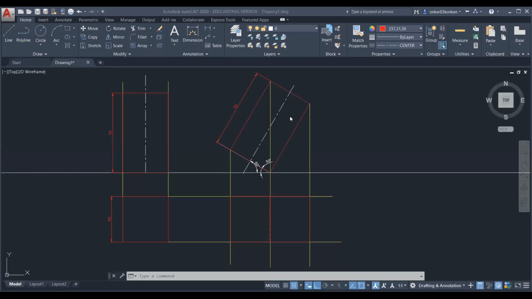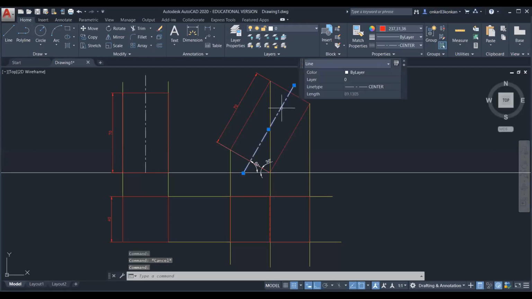So you can observe here how to draw that axis line. This is the axis line. We have to draw the axis line in this way.